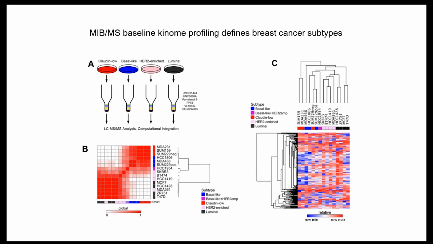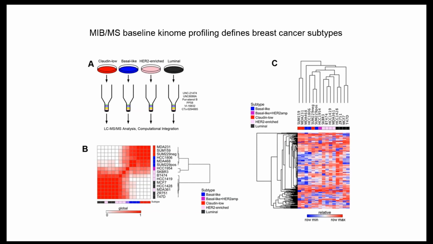And to show you how well this works, HCC 1954, so the top right is our triple negative cells, and the bottom left are luminal cells. And what you can see is that with HCC 1954 and SKBR3, they have properties of both the luminal and the basal triple negative subtype.